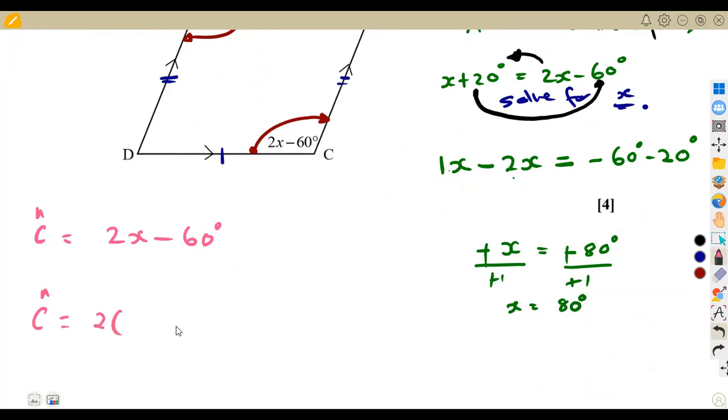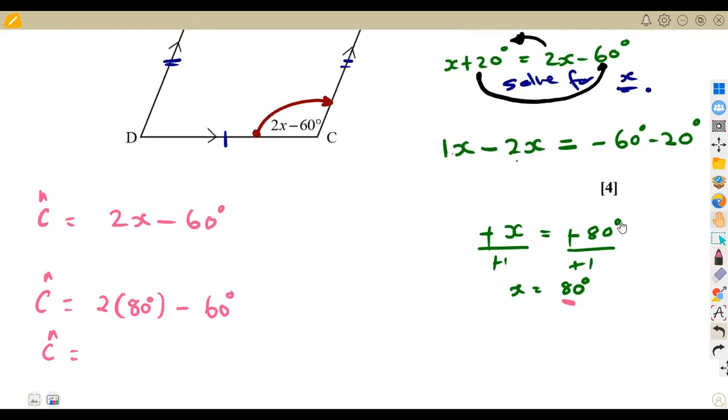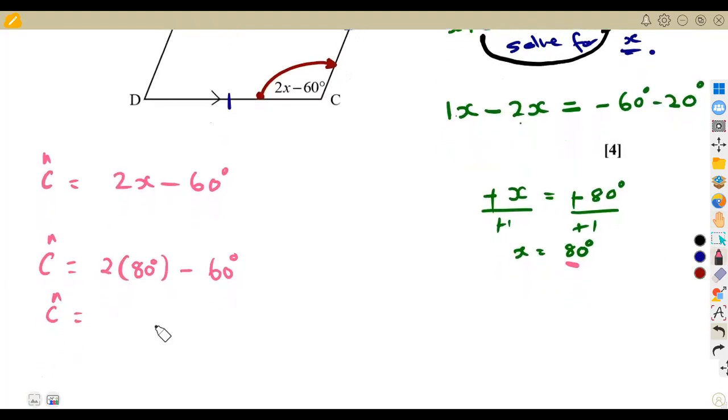So it is going to be 2 times x, of which we got 80 degrees for x, minus 60. So that will be angle C. 2 times 80 is 160 degrees, minus 60 degrees, which is 100 degrees.